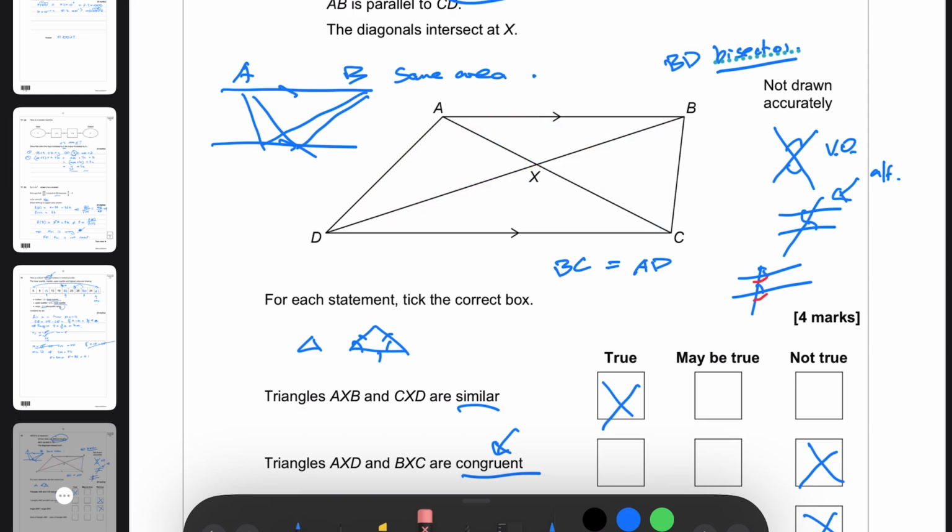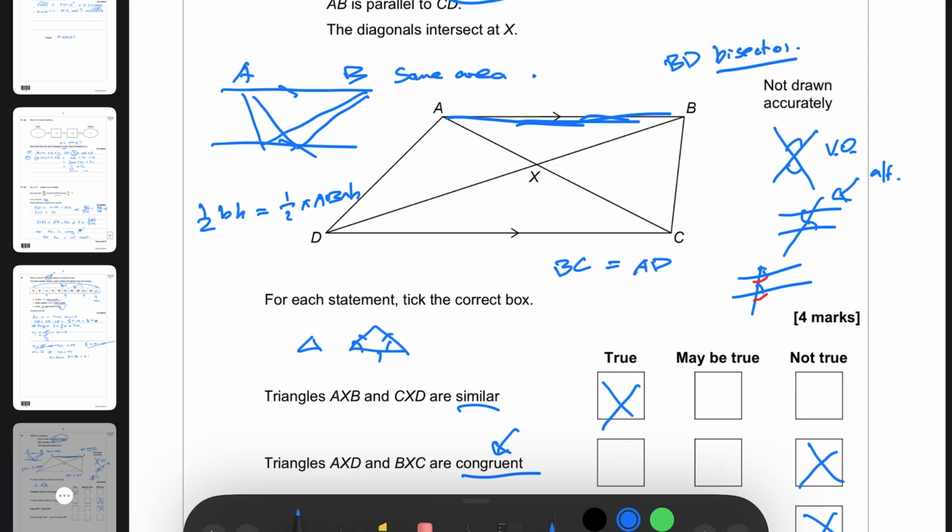Why do they have the same area? Well, we know that the formula for a triangle is a half base times height, which in this case gives us a half times AB times the height, where the base is AB.